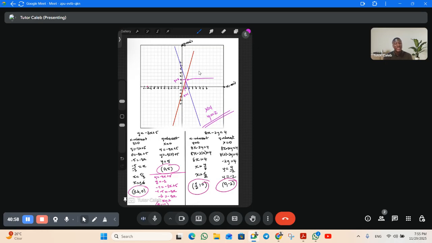We found the intercepts of the line y equals -3x plus 5, which were (1.6, 0) and (0, 5). We plotted it, and it gave us the blue line. You can see that the blue line has a slope that goes from high to low. It's descending.